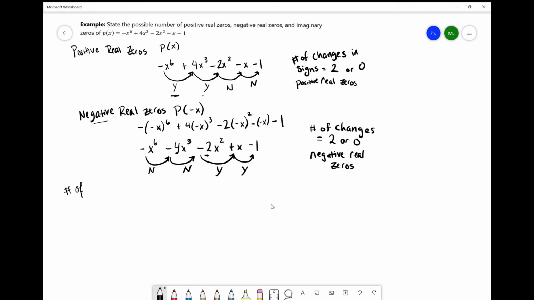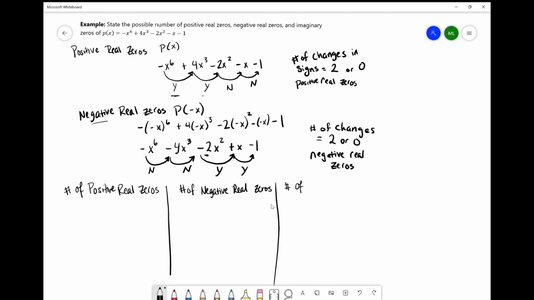So we'll have the number of positive real zeros, then the number of negative real zeros that exist, and then the number of imaginary zeros that could exist.